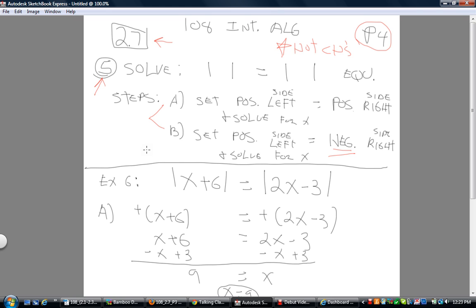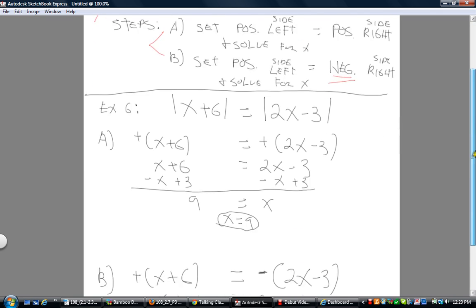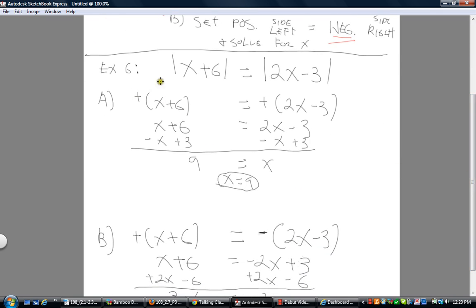If you understand why from the basic definition of absolute value, it boils down to just doing steps A and B.